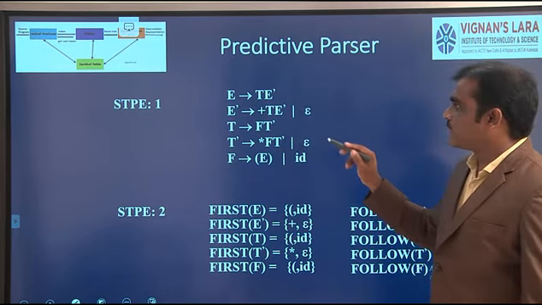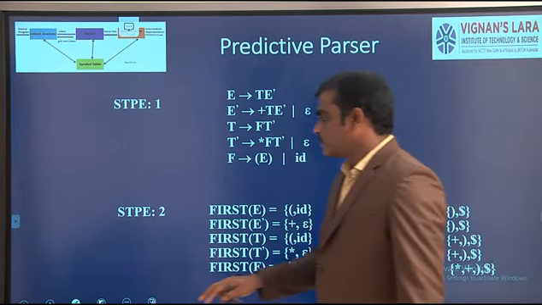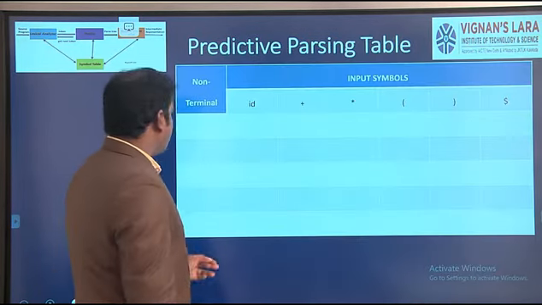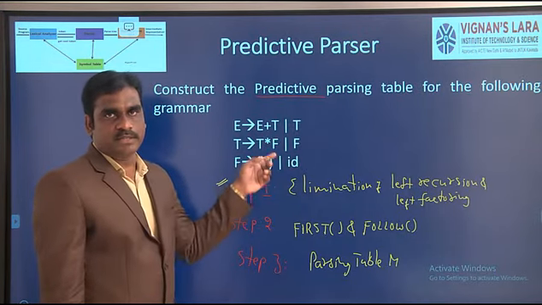So what is step 1? Step 1 is elimination of left recursion and left factoring. Here the given grammar has left recursion.